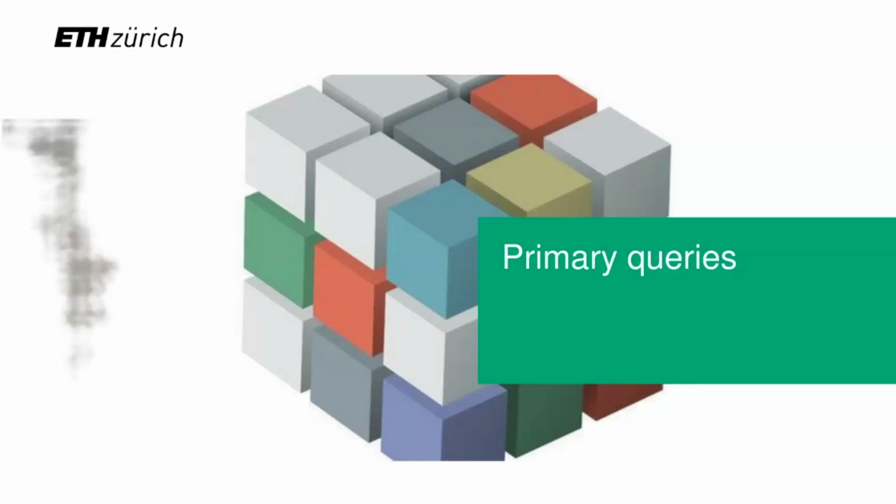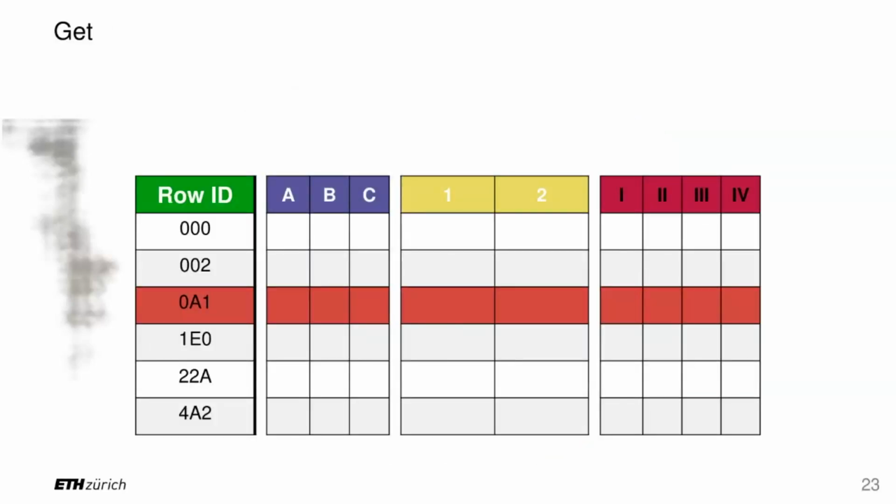And we have 4 types of queries that we can do. And the first ones are not going to surprise you. The first one is get. You can get some data if you give some row ID. For example, I give you row ID 0A1, and I want to get the data for that row. That is the first thing that I can do. I can retrieve data from my big table.